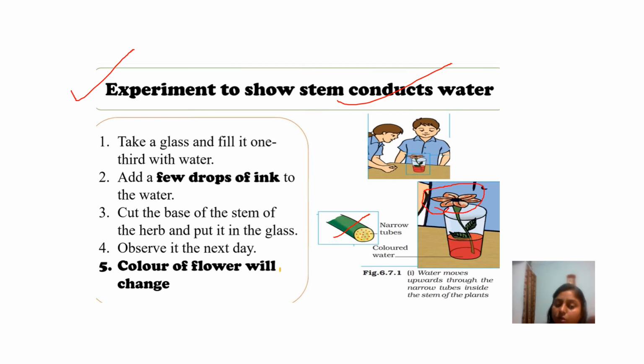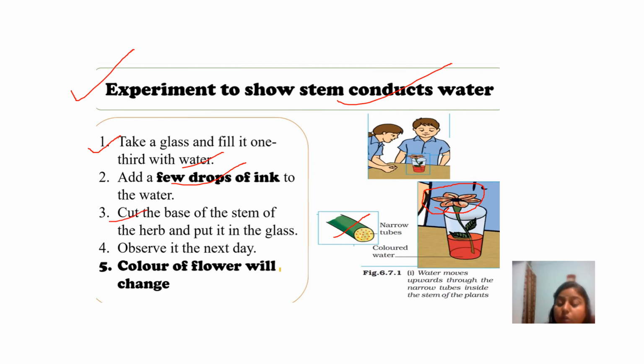That was all in this experiment. What you do: first take a glass and fill it one-third with water, and add a few drops of ink to the water. It doesn't matter which color, red, blue, whatever color you have.